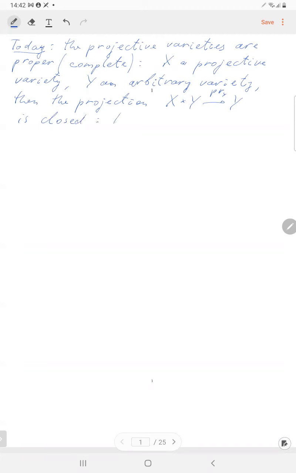So the image of any closed subvariety Z in this product, the image of Z in Y is also closed.